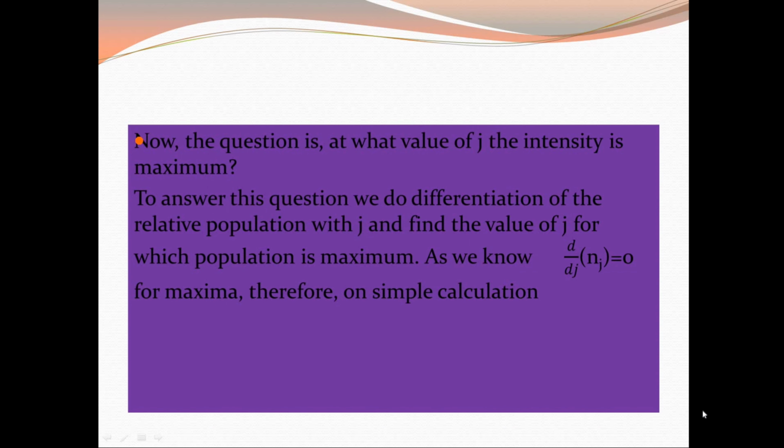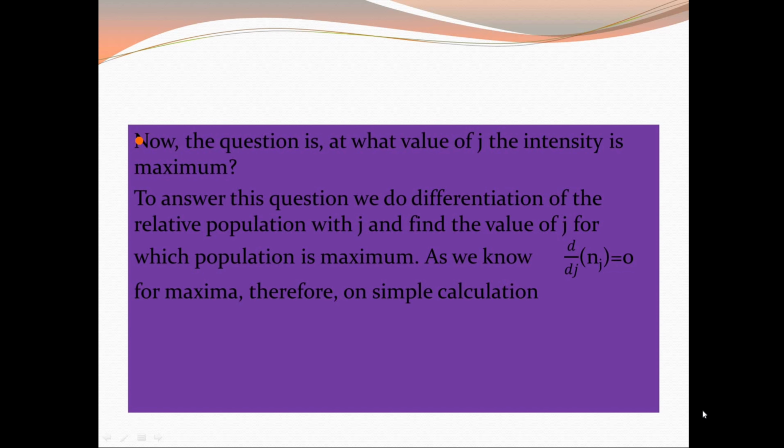Now we want to find out which value of J gives us the maximum population, for which the intensity will be maximum. That is, we differentiate the relative population with J and find the value of J for which population is maximum. Obviously, when the population is maximum, intensity will be maximum.